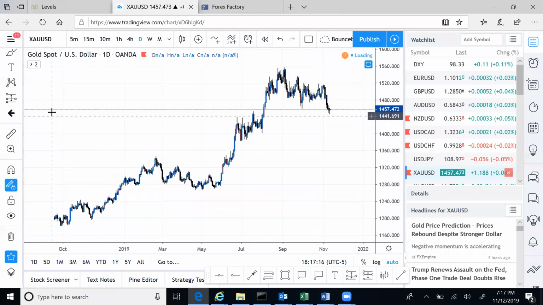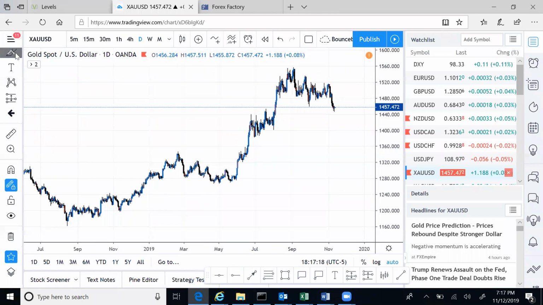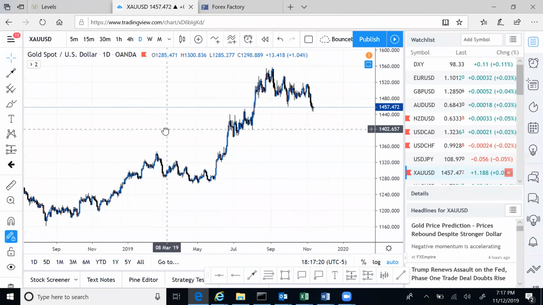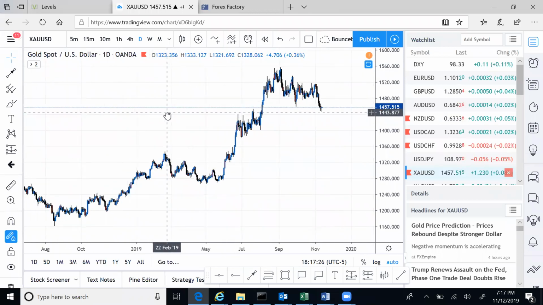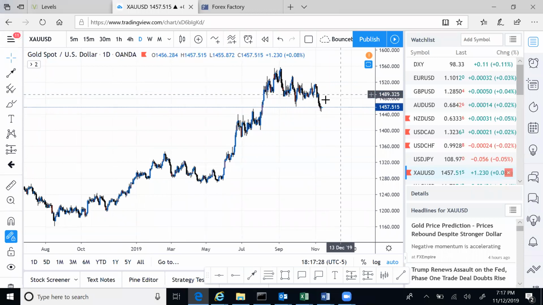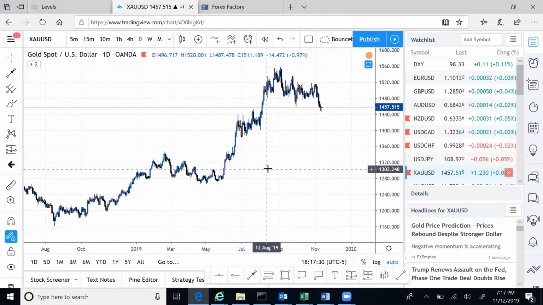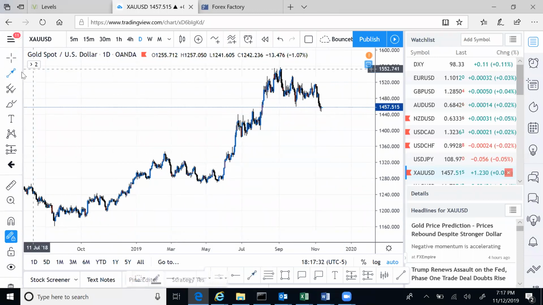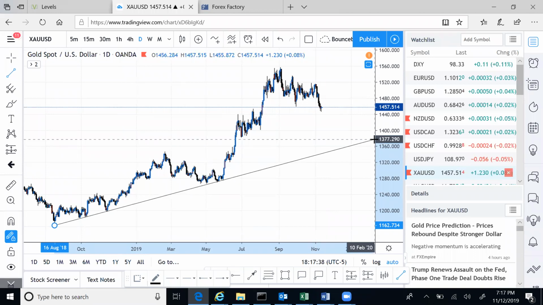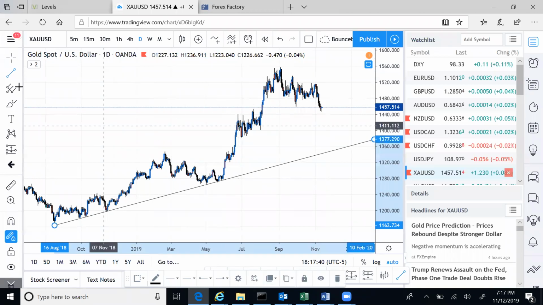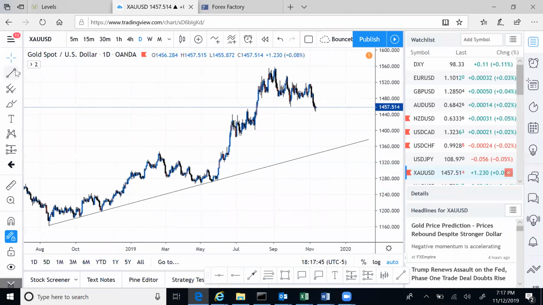First thing you want to do is try to identify a trend. You can zoom out and see if you can get a trend line in. Try to identify your trends. Some of you guys come on and you trade, but you don't understand the overall direction that your trade is going in.